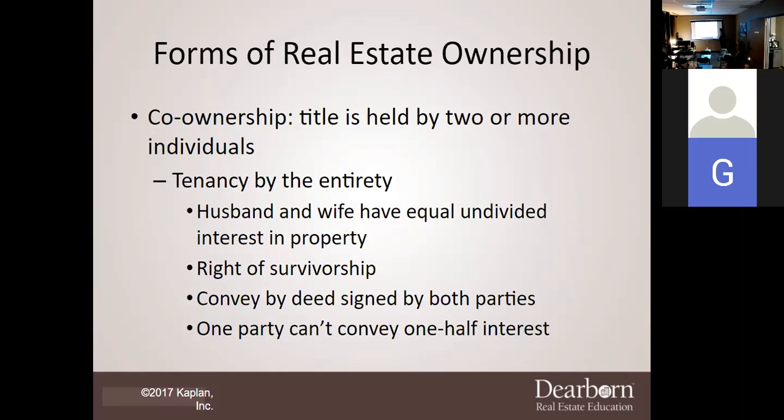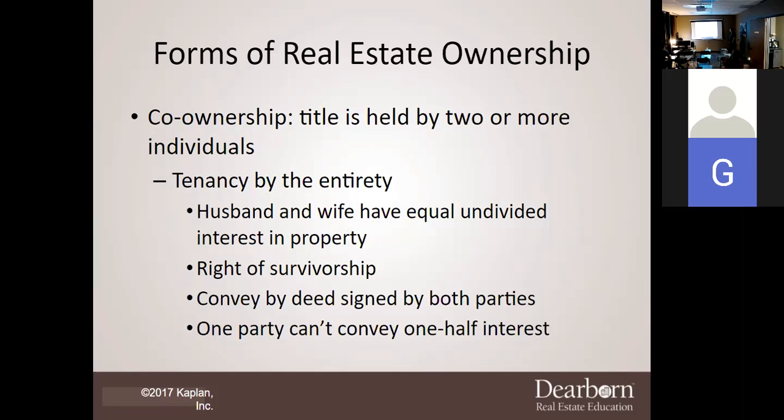Now, tenancy by the entirety. Tenancy by the entirety is often utilized by husband and wife that are not in community property states. And we're going to talk about that in a moment. But husband and wives will have an equal undivided interest in the property. They have a right of survivorship, which means whoever lives, the surviving spouse, gets that transfer. So if the husband dies, the wife gets it.